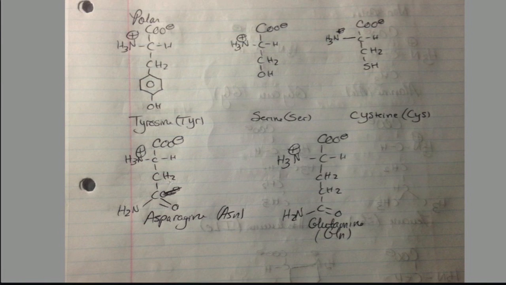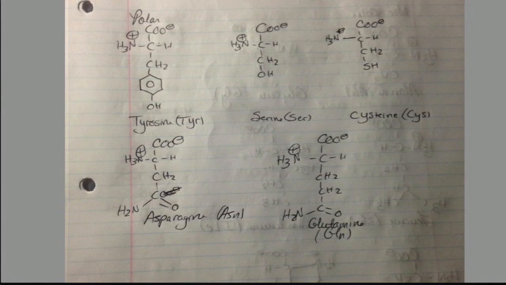What other amino acid is very similar in structure to asparagine, but it has a different functional group? Different functional group, but it's still very similar. Maybe you're not quite seeing what I'm going for.